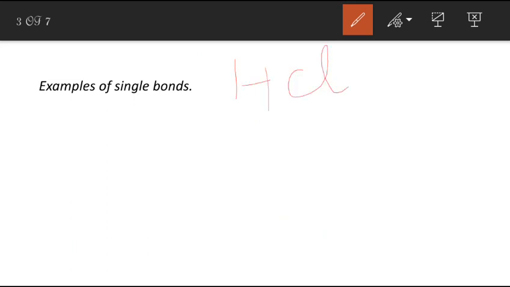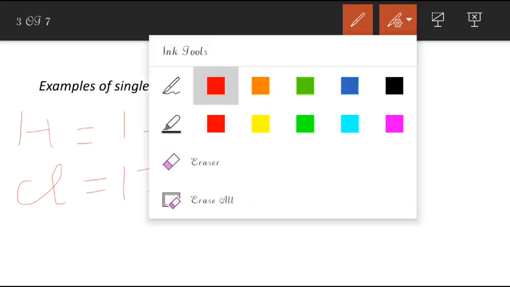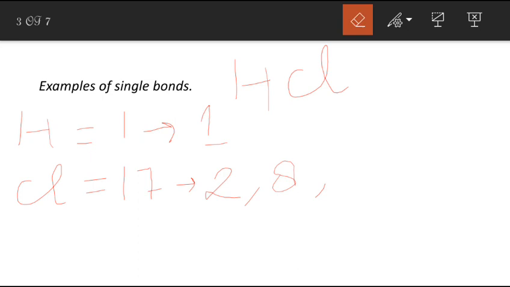HCl, hydrochloric acid. How are they unstable? It contains two different atoms, hydrogen and chlorine. The atomic number of hydrogen is 1 and that of chlorine is 17. The electronic configuration of hydrogen is 1 and that of chlorine is 2, 8 and 7.